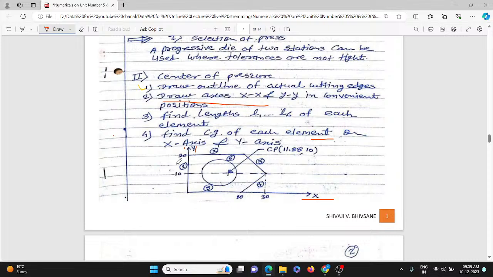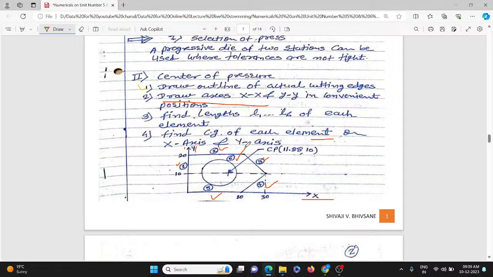You can see this one is the first line segment, then this one is the second, this line segment is the third, this one is the fourth, and this one is the fifth line segment. Whatever circle is there, that circle is the sixth element.